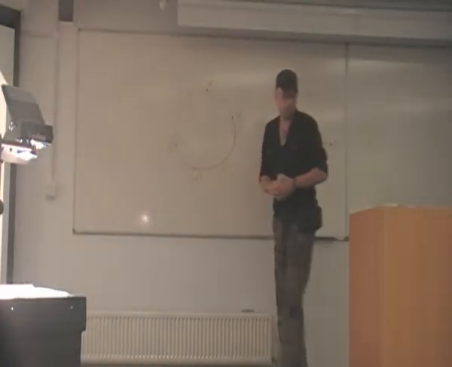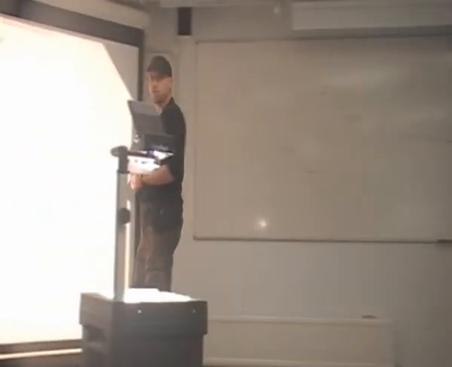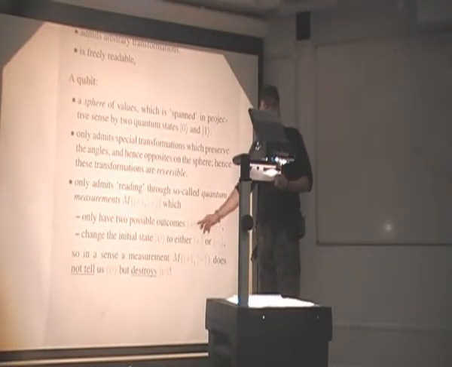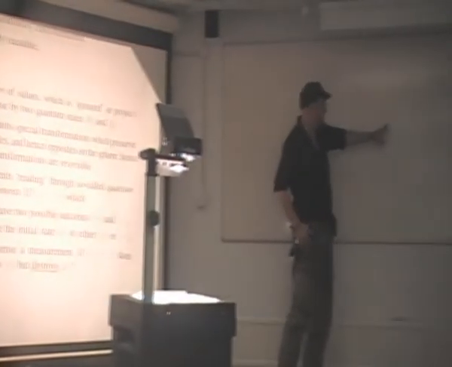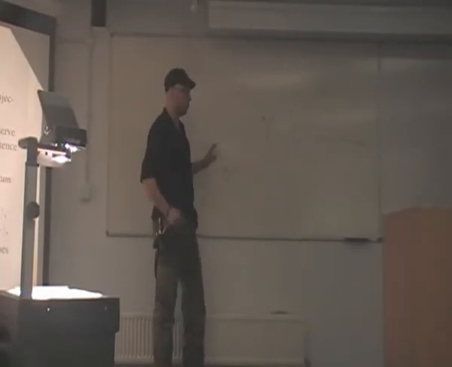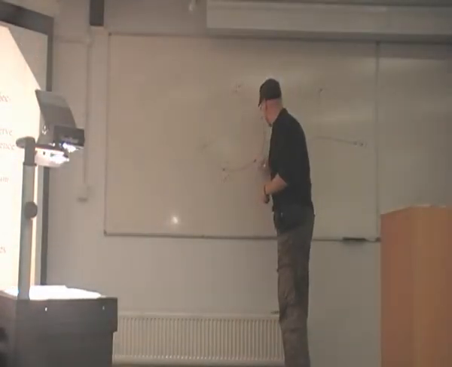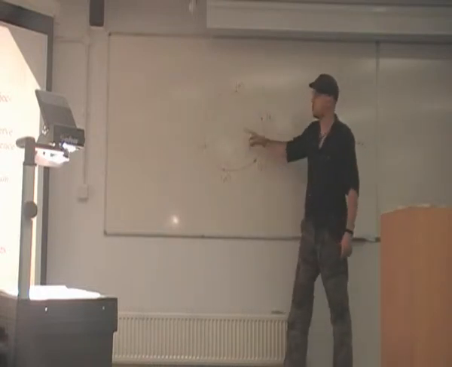What the measurement will tell you is a number, either plus or minus, saying that this is your outcome or this is your outcome. Now you have to realize that initially your system might have been here. But the measurement can only tell you plus or minus.